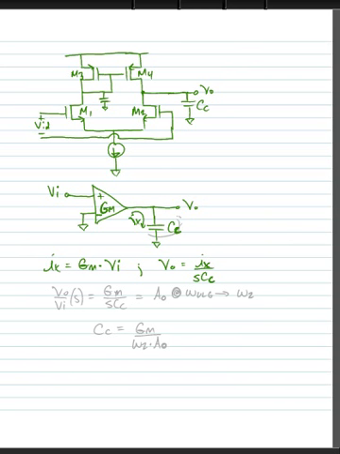Now we can find an output voltage versus input voltage with respect to frequency that's valid at high frequencies, and this is GM divided by SCC. Now we want to set this equal to our closed loop gain at our unity loop gain frequency.